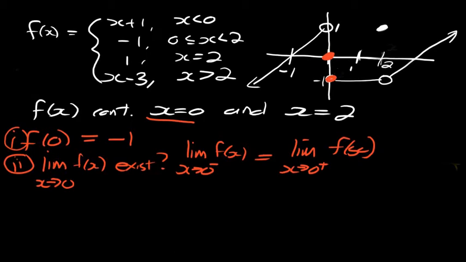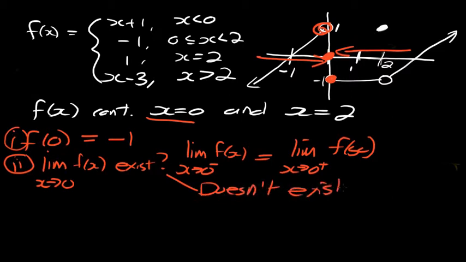Clearly here, as x approaches 0 from the negative side, the y value is 1, and as x approaches 0 from the positive side, the y value is negative. So it doesn't exist, because the limits differ.